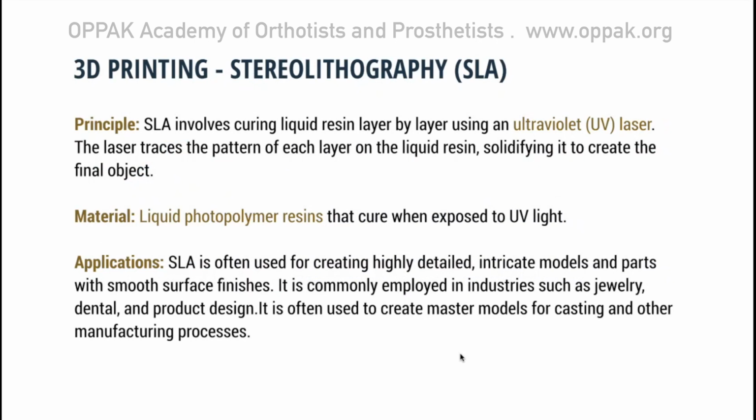First of all, stereolithography is a technique where we use liquid resin, and ultraviolet rays cure the liquid layer by layer. The laser traces the pattern of each layer on the liquid resin, and that laser solidifies it to create the final object.